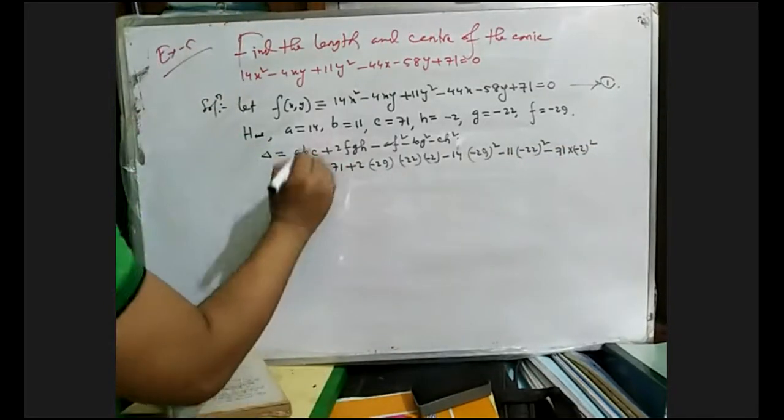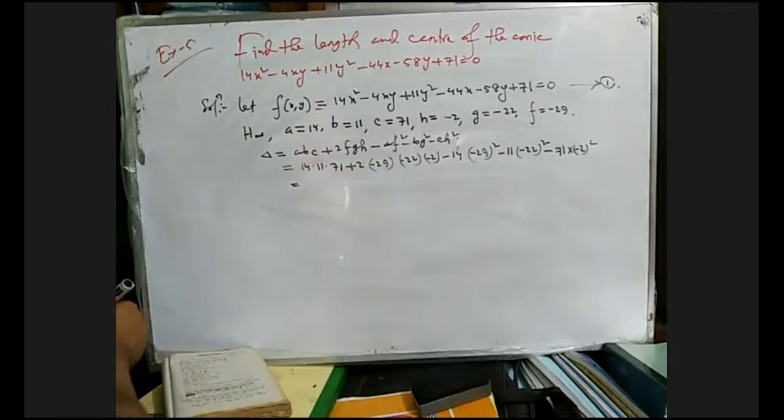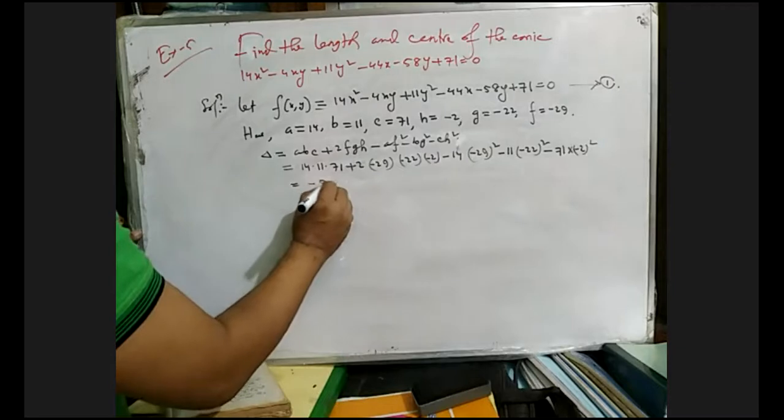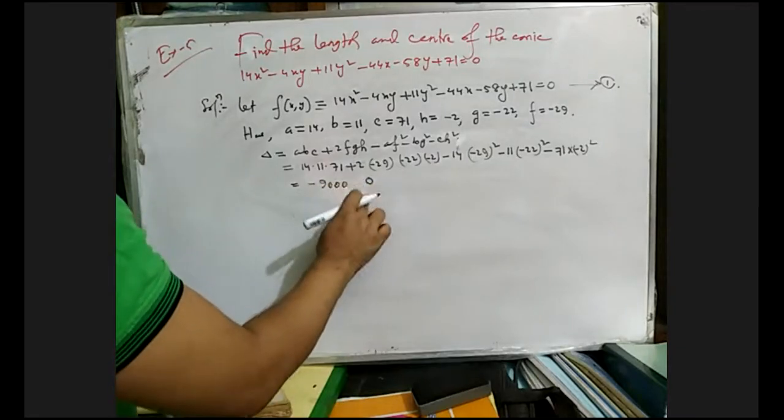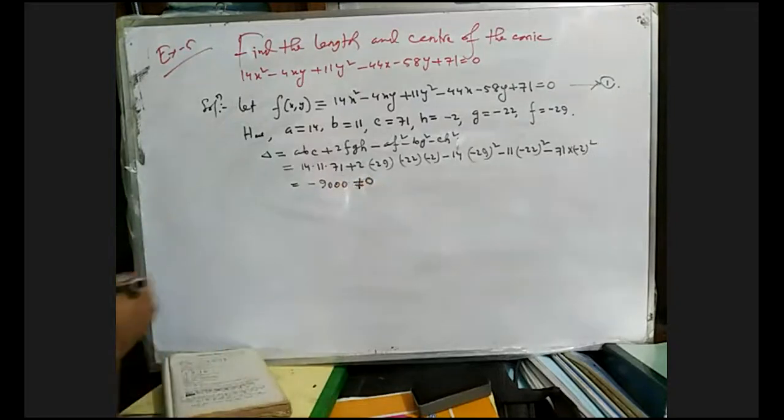So after calculation from this, we get exactly minus 9,000, which is not equal to 0.